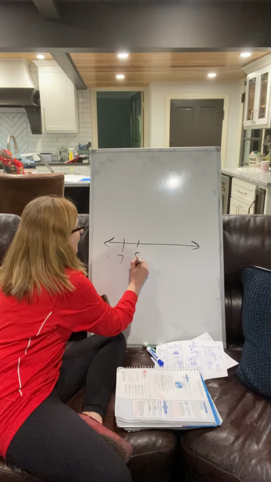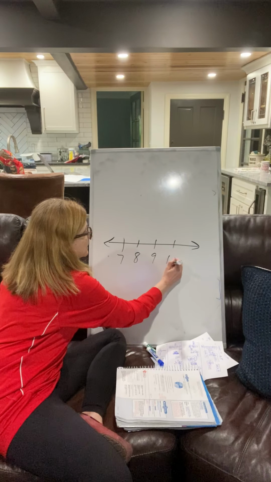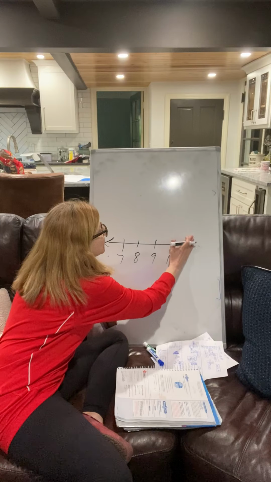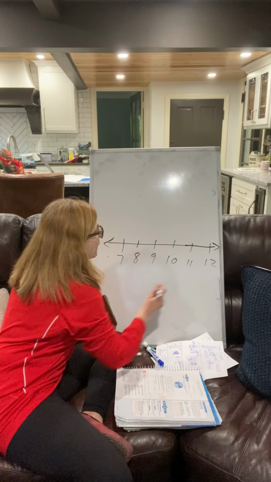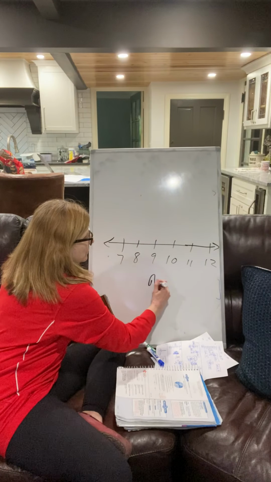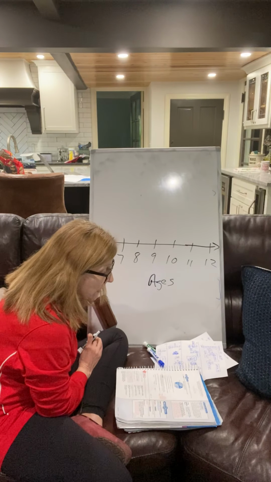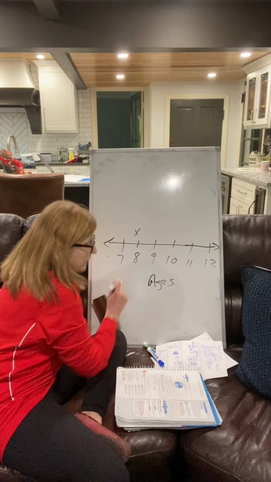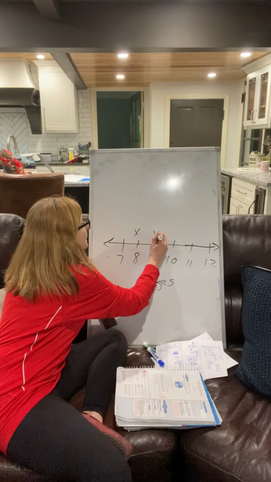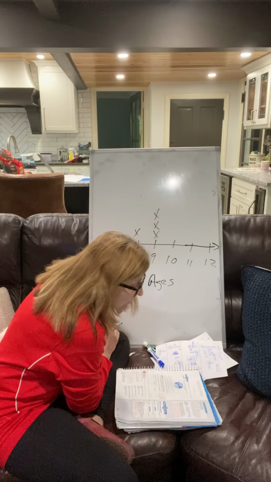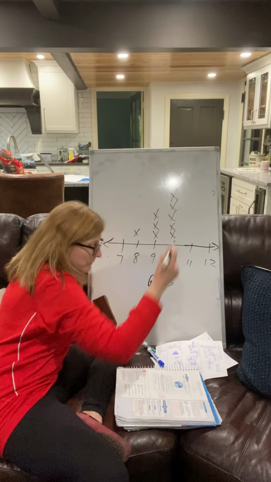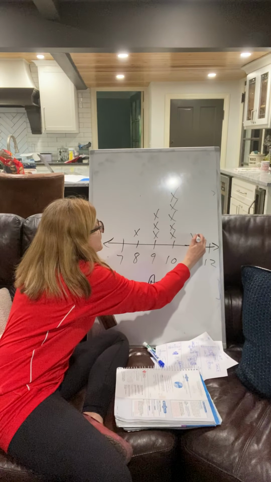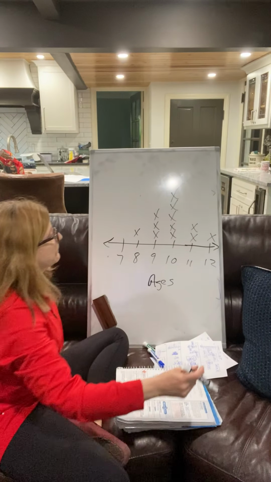Here's 7, 8, 9, 10, 11, and 12. So these are their ages, right? Okay, so it says there was one 8-year-old, there were 3 9-year-olds, there were 5 10-year-olds, there were 2 11s, and 1 12.